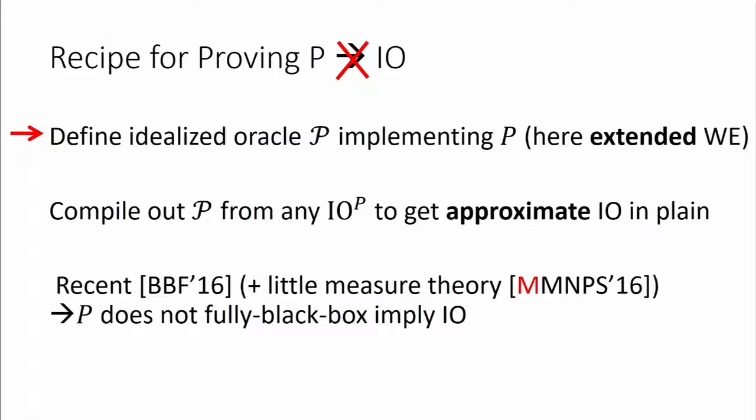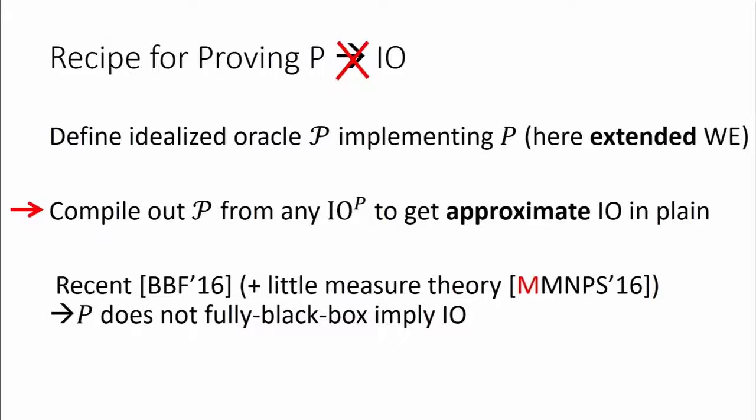And this is usually easy. You just define an oracle that takes things and gives you random labels and does everything correctly. But the challenge is to show that you can compile out this oracle from any I/O construction that tries to use this idealized oracle. So this idealized oracle is like a very strong form of P. Suppose you could construct I/O from it.